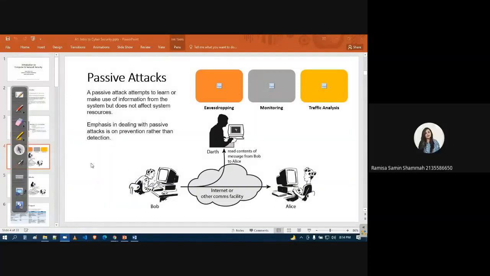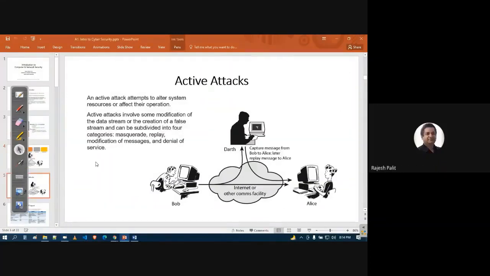No, sir. Active attack, as you can understand from the name, attempts to alter system resources or affect their operation. For example, they have obtained your password, and by entering your account they transfer some money. That means they affect the system operation. They have changed the system parameters or data and made changes in the system.